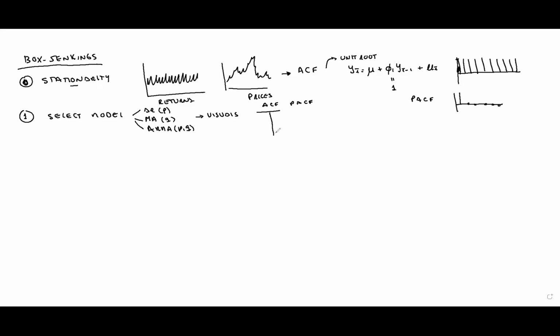Imagine that I have this, and this continues to eternity. So what do you think this one here is? In another circumstance, I have something like that. Which model do we have here?